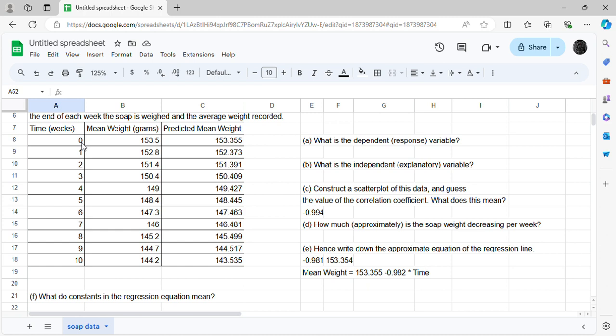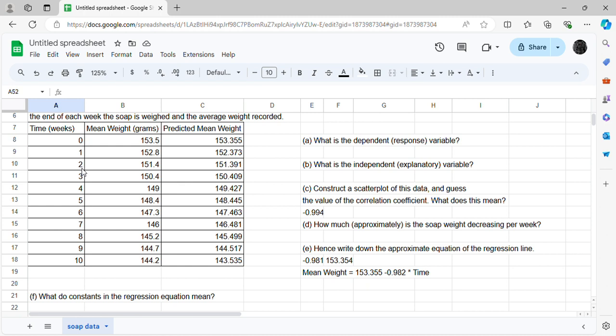At the start, the average weight is 153.5 grams for the 25 soaps. After 1 week, the average weight is 152.8 grams.